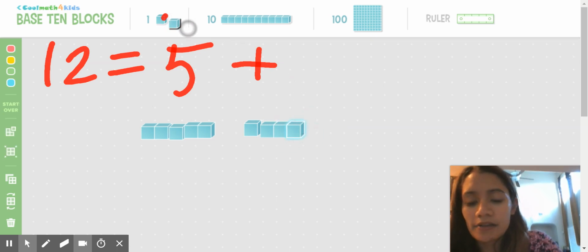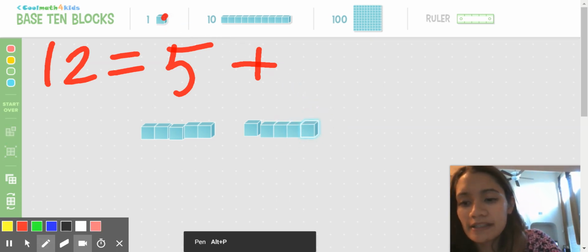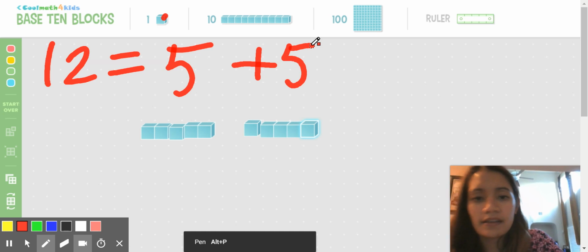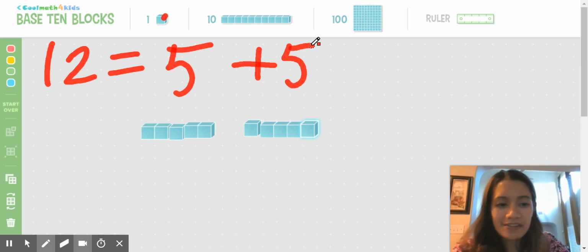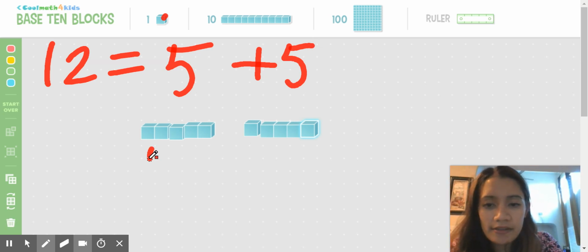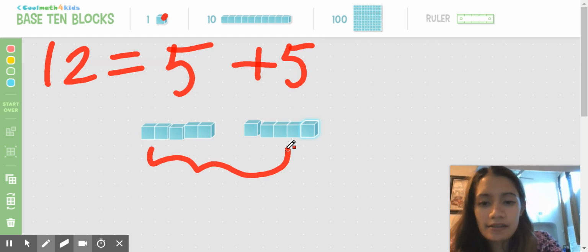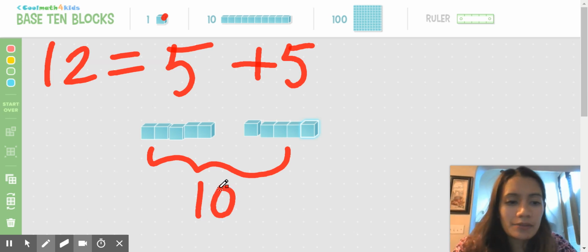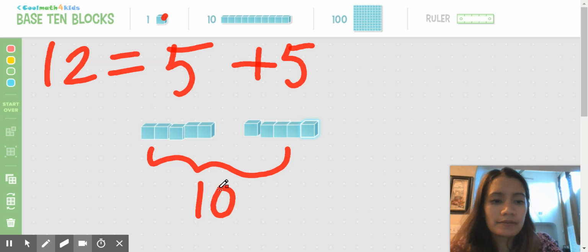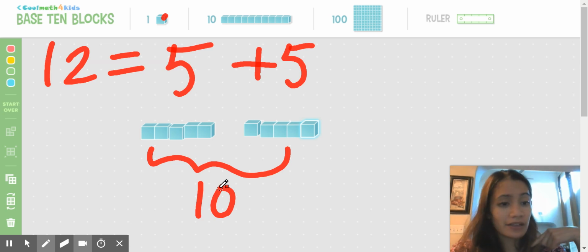5 ones here. I write down my 5. And then this would give us 1, 2, 3, 4, 5, 6, 7, 8, 9, 10. So that's 10. How many more ones do I need to get to the number 12? I count up till I hit 12. 10, 11, 12.